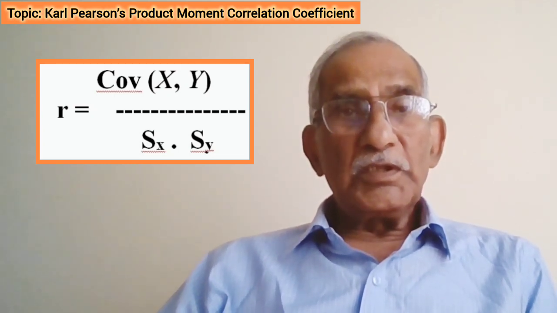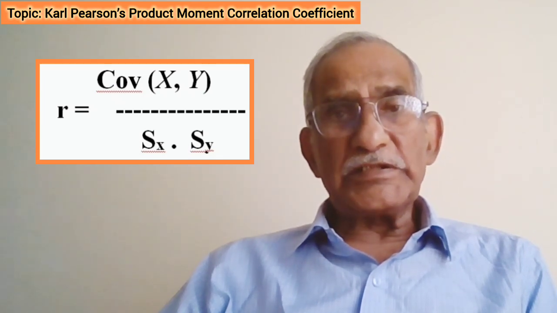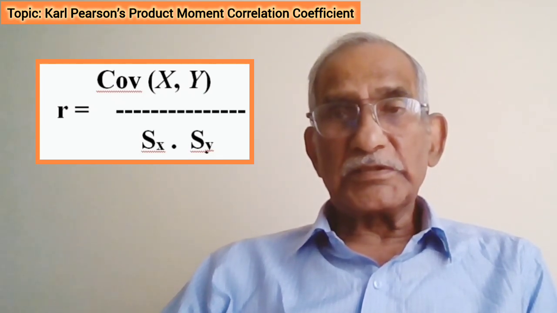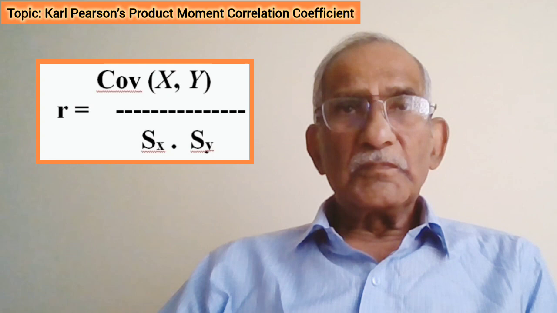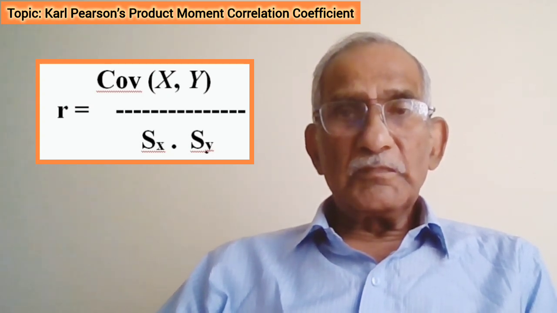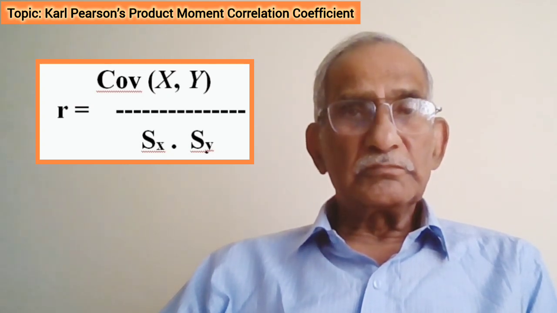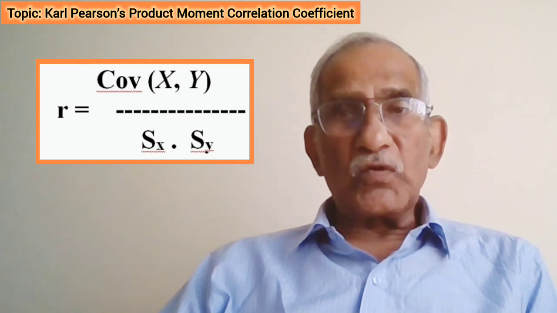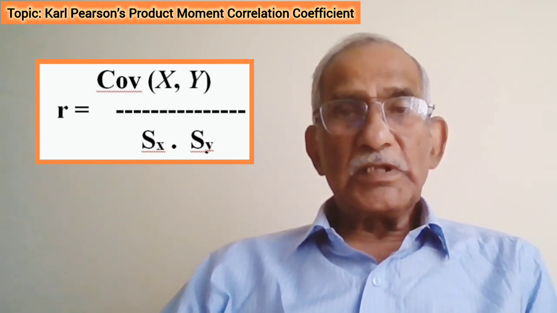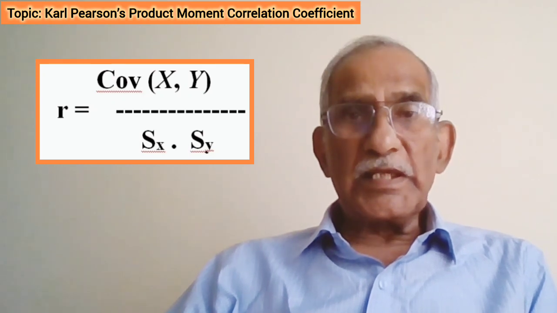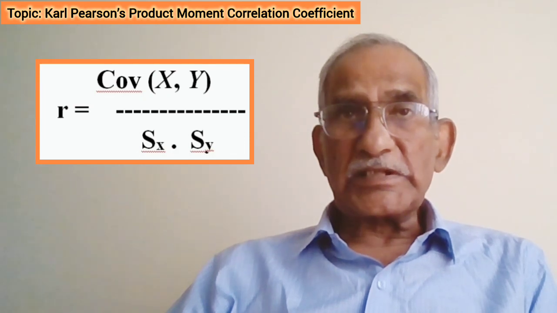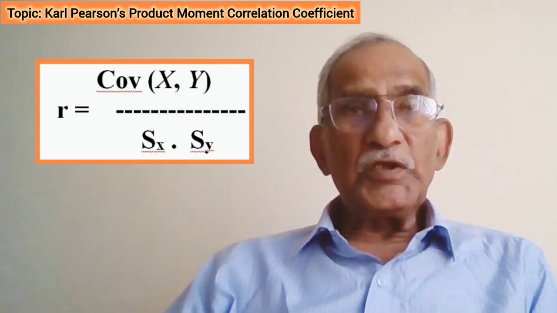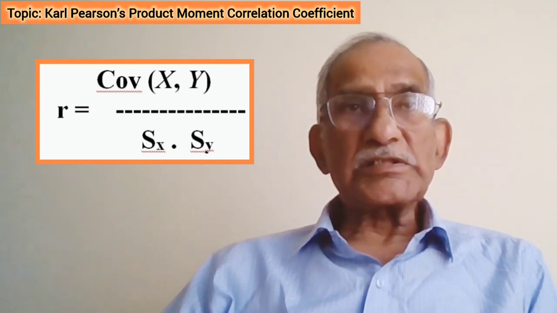This is done by dividing it by the standard deviation of x and by the standard deviation of y. In this way, the units of x and y would be cancelled out. This is why correlation coefficient is defined as r equal to covariance xy divided by Sx, that is the standard deviation of x, into Sy, that is the standard deviation of y.